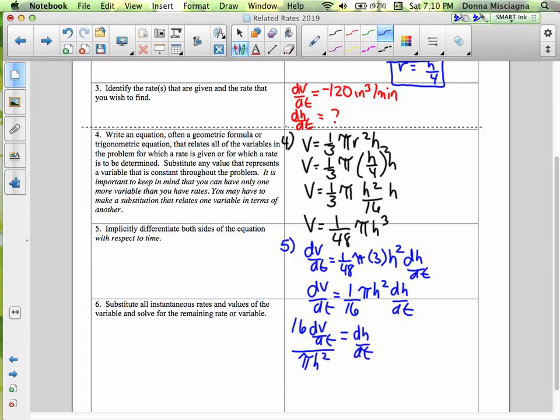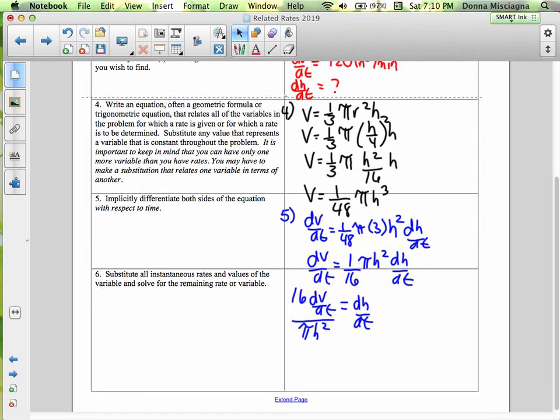I find it easier just to isolate your variable when you're not dealing with a bunch of numbers and you're just dealing with some algebraic expressions. Now we can plug in. The height was 7 in the problem, and we've got negative 120 for dV/dt, and we're just solving for dH/dt.